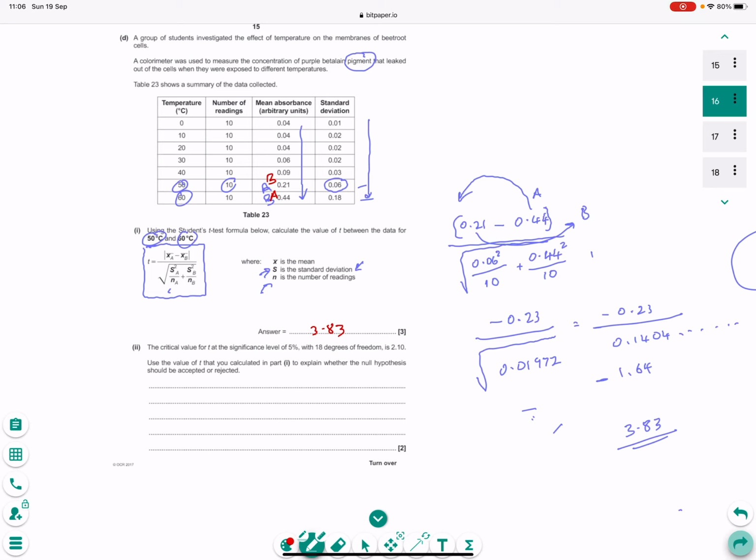So you say calculated value above critical value, therefore reject null hypothesis. So data is significant.